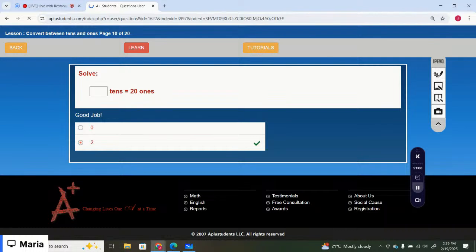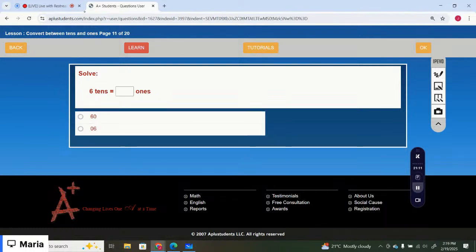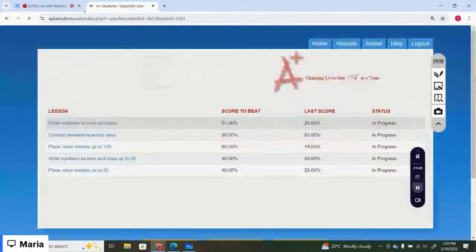Option number 2 is the correct option. 6 tens equal how many ones? 60 ones. Okay, you can complete the lesson by yourself later today. Let me just move on to the next lesson.